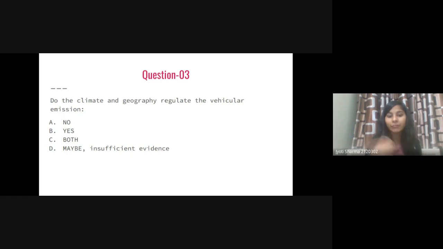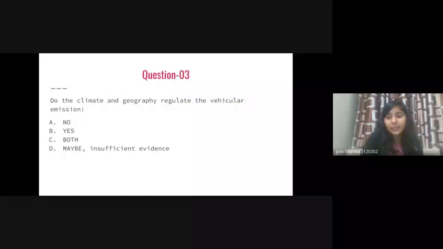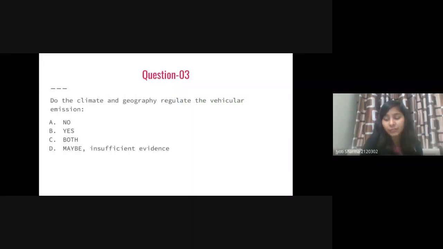We accept it. Then the climate: if you have different temperature, different humidity level, different pressure level, then your vehicle emission will be different. For example, if you have higher temperature in a particular region, then your VOCs will be higher, because such compounds can evaporate very easily.